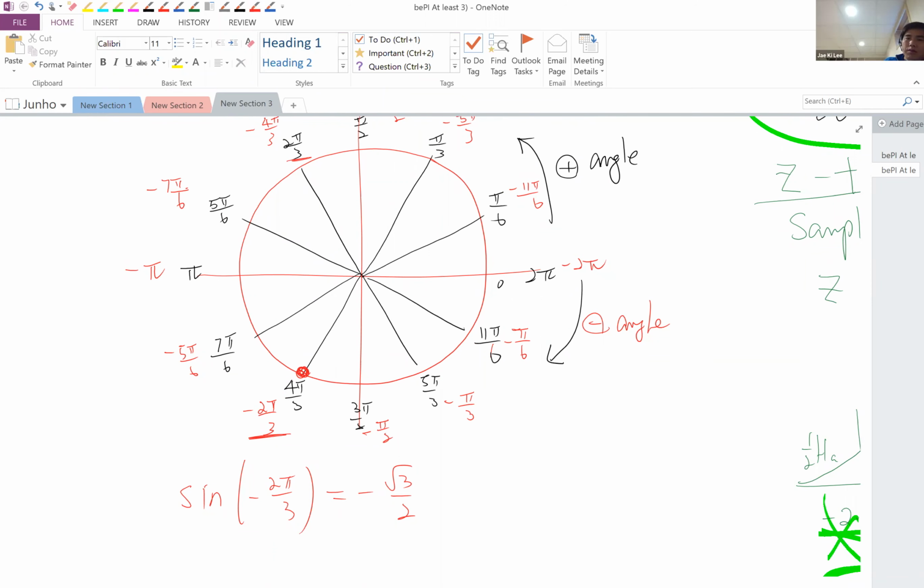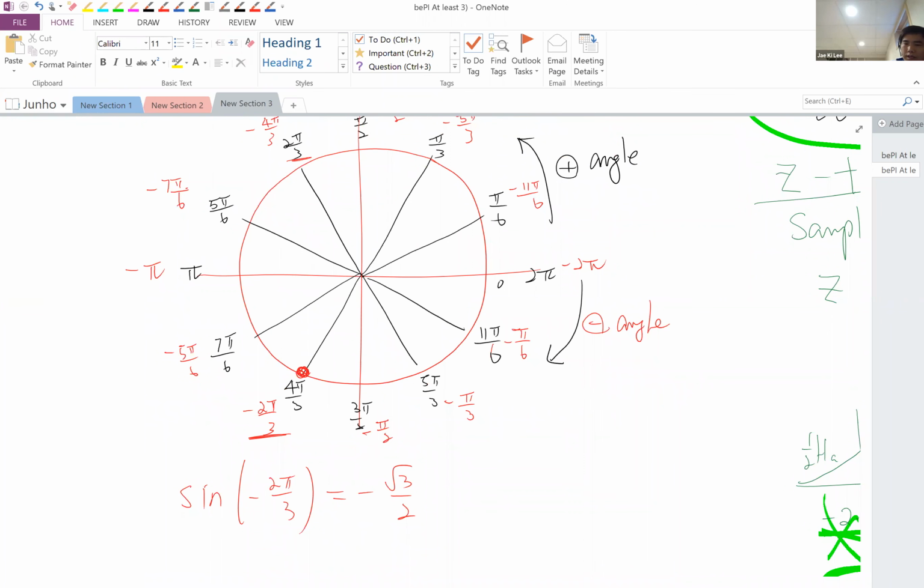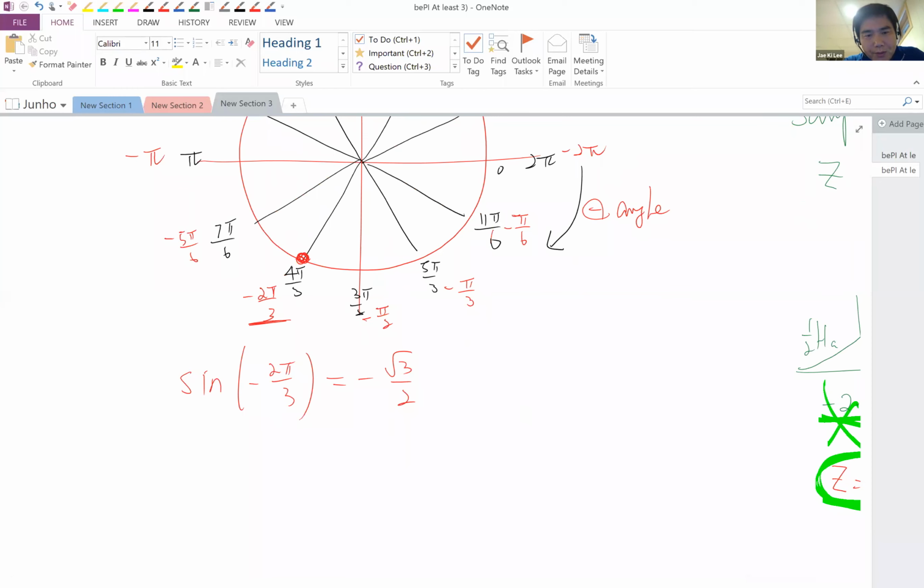So when you count, counterclockwise is positive angle, clockwise is negative angle, that's it. But they share exactly the same ordered pair. Then I'm going to spend about 15 more minutes, and then the rest of the time I can take some questions from you.